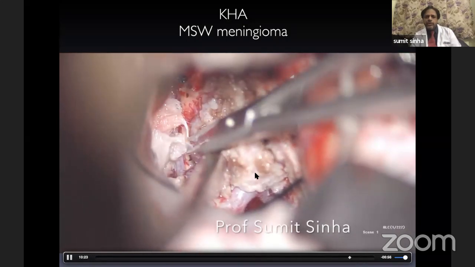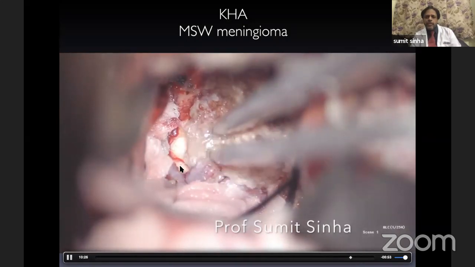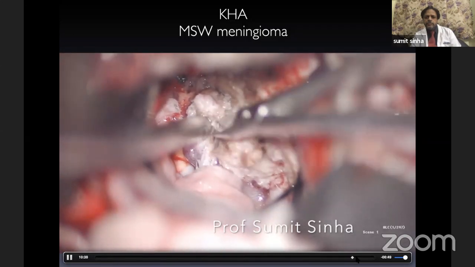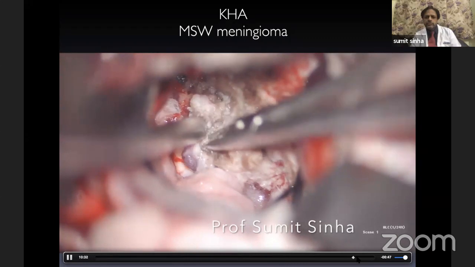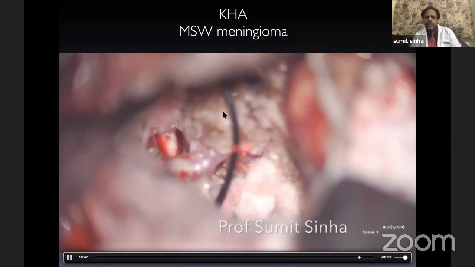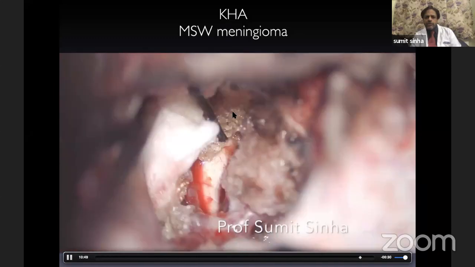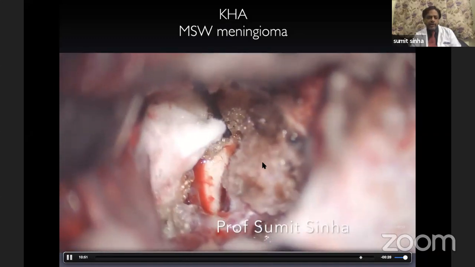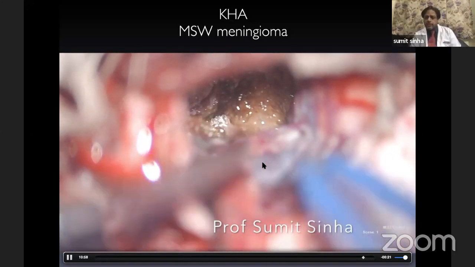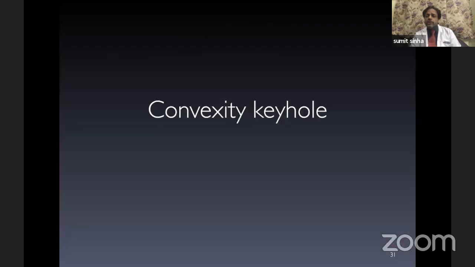And there you see that a small portion of tumor which is attached to the internal carotid artery was intentionally left behind in the patient, who was referred for gamma knife radiation later on. The patient was fine at the last follow-up.